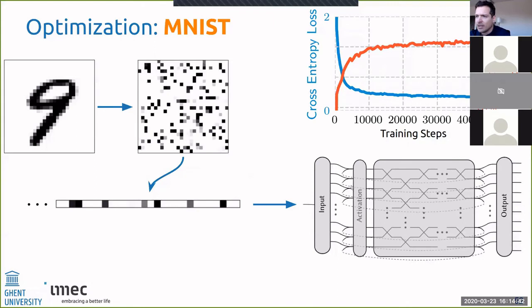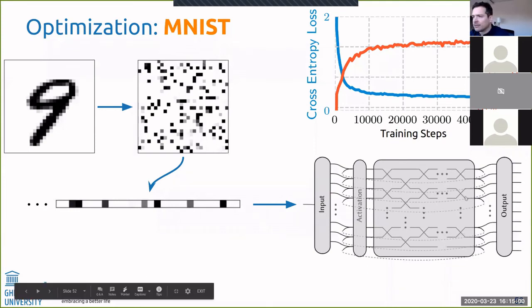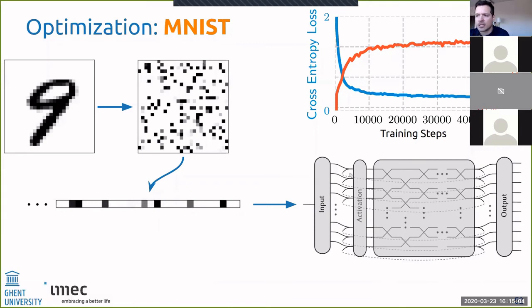What we can do with this circuit is recognize digits, which are sent pixel by pixel through the network according to a fixed randomized permutation. And with this network, we can basically match the world record on accuracy on this permuted pixel-by-pixel digit recognition task.